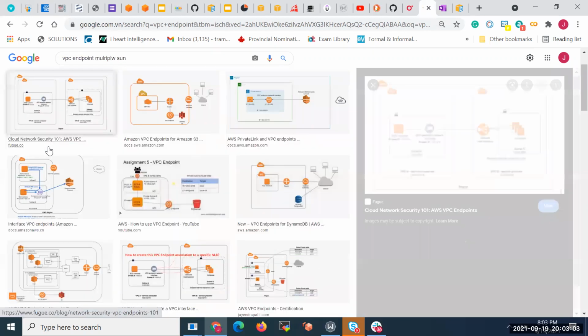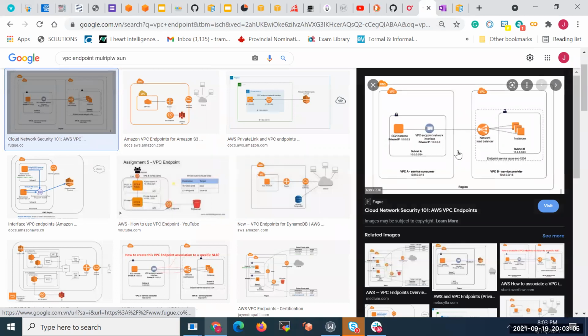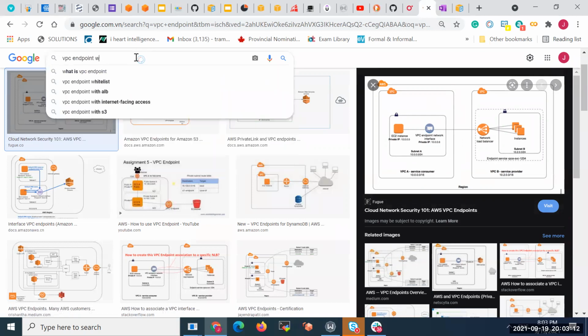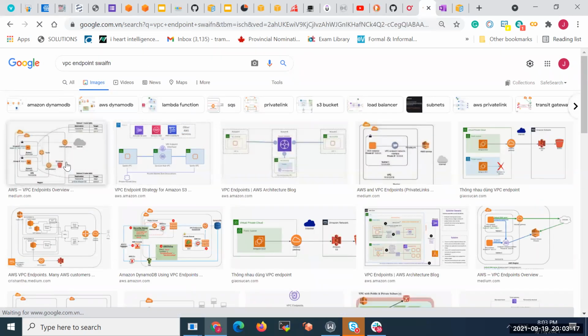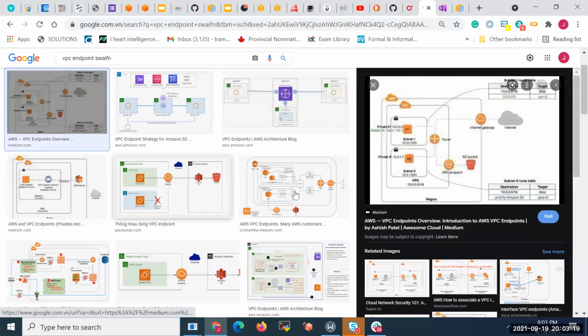Let me see if I can show you VPC endpoint. It's a little bit smaller for me. Okay, here. Can you see it clearly? It's a little bit blurry for me, so I'm not sure if you can see it. It's not clear, it's fine, I can manage with it.